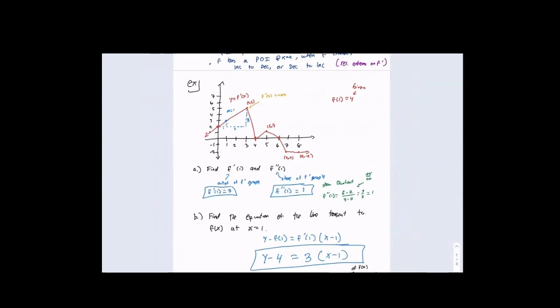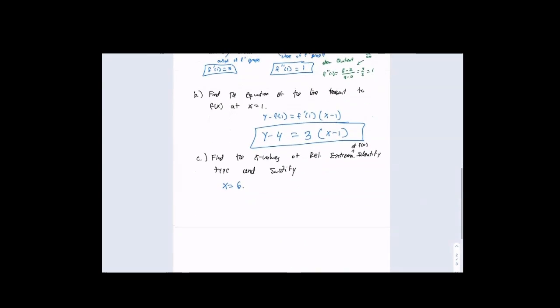Right there, there's a relative extrema for the function f of x, which we don't know what it looks like. We don't have the graph of f of x. But given the graph of f prime of x and the signs of f prime of x, we know what f of x will do.